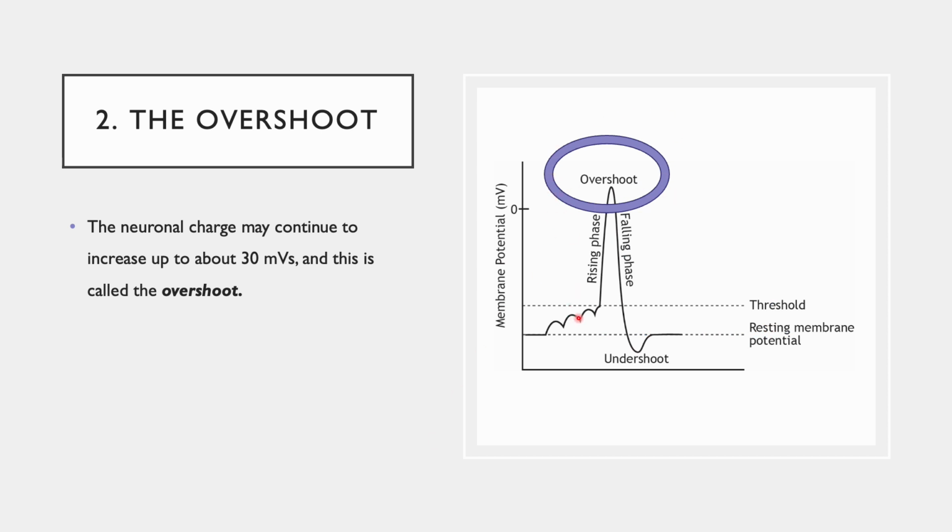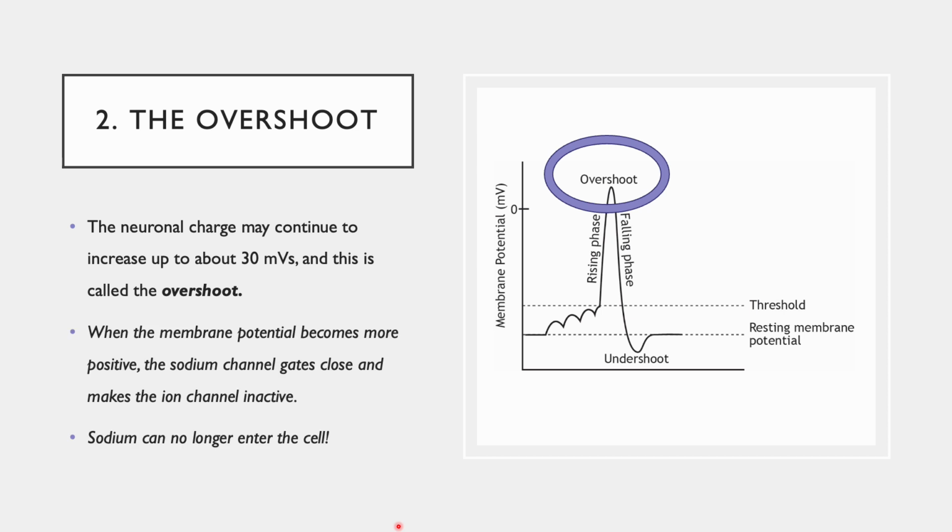So once depolarization occurs and sodium ions influx inside of the neuron, there's this moment called the overshoot in which it reaches its maximal positive charge at about 30 millivolts. At this time, the sodium ion channel gates will close and the potassium ion gates will open. So remember that sodium can no longer enter the cell at this overshoot.